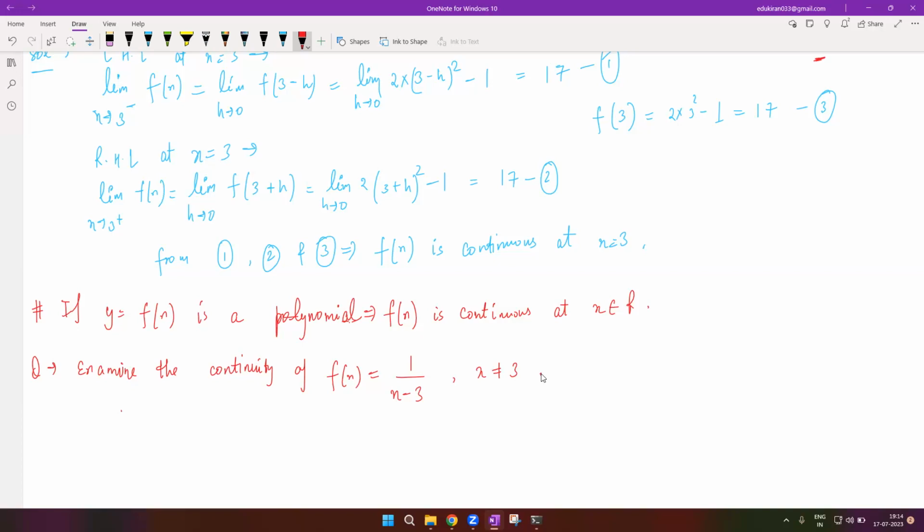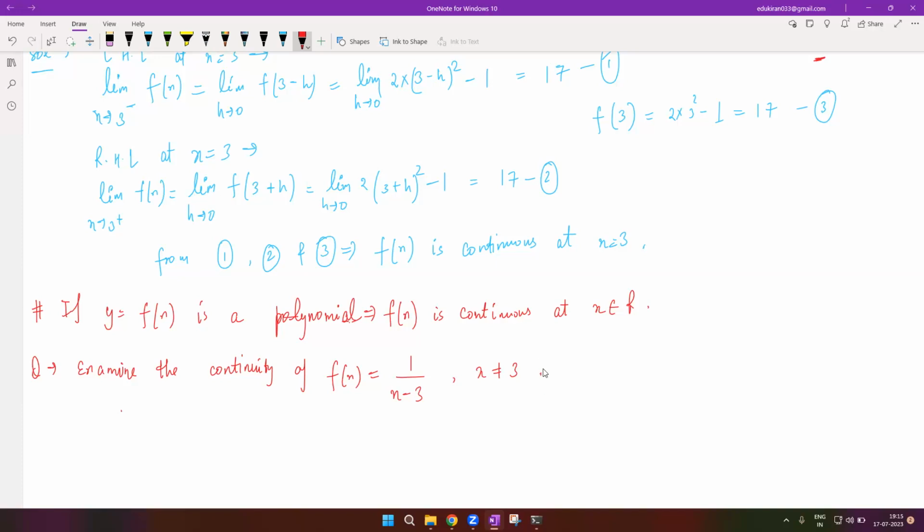Yeah, correct. Right. So this is not in the domain, right? If x is equals to 3, then your denominator would be 0 and the function will not be defined at that point, right? So there'll be some questions in which you would be given the function and you will be asked to check for the continuity, right?